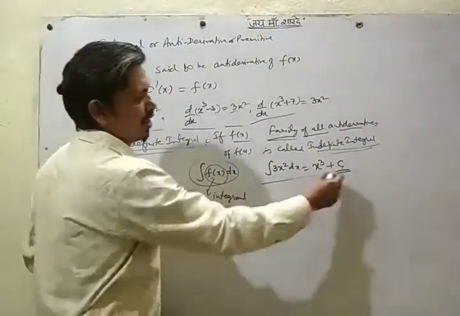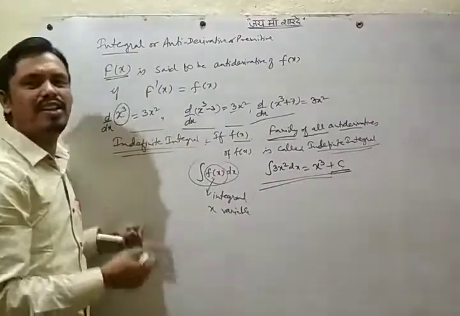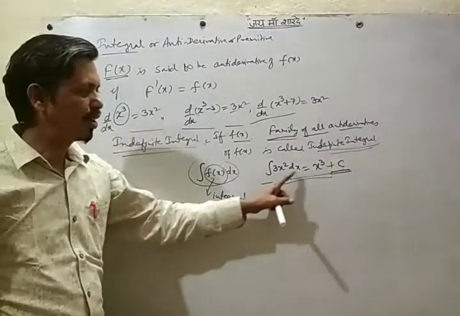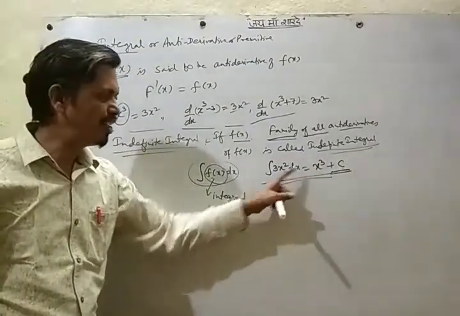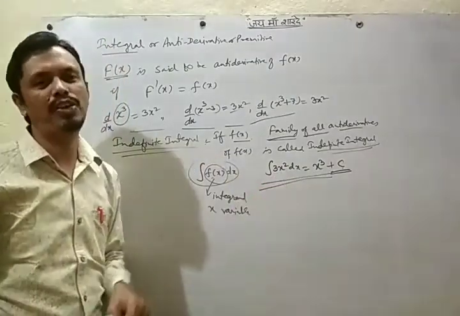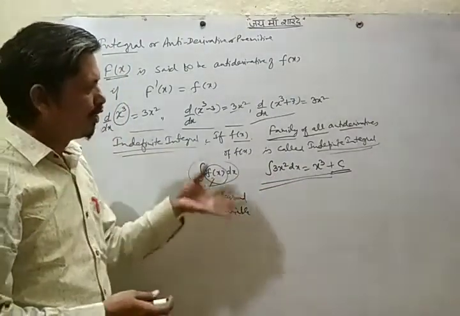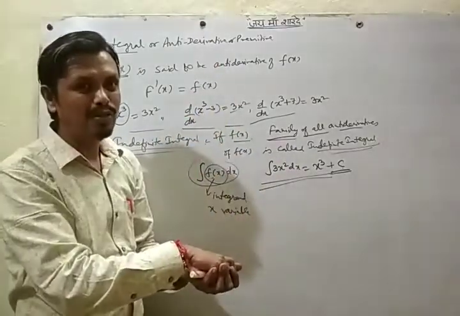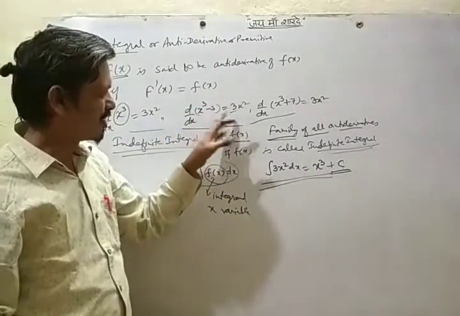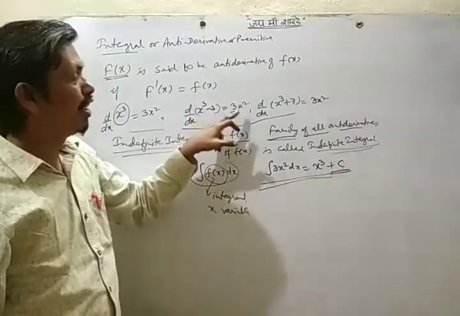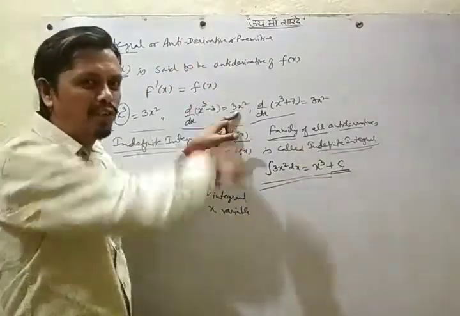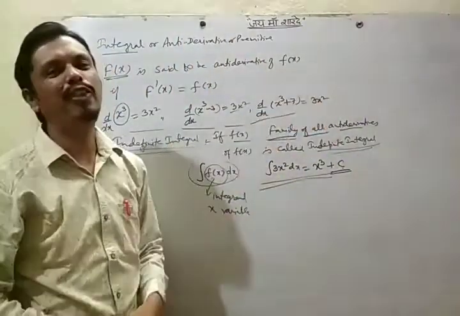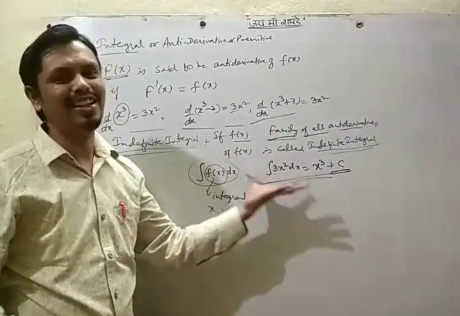Okay, that's why it is called indefinite integral, because there are many functions which are antiderivatives of one given function. So here one function will be given and we need its antiderivative. Now this function is the derivative of which function, that we have to find. The reverse process of differentiation is integration.